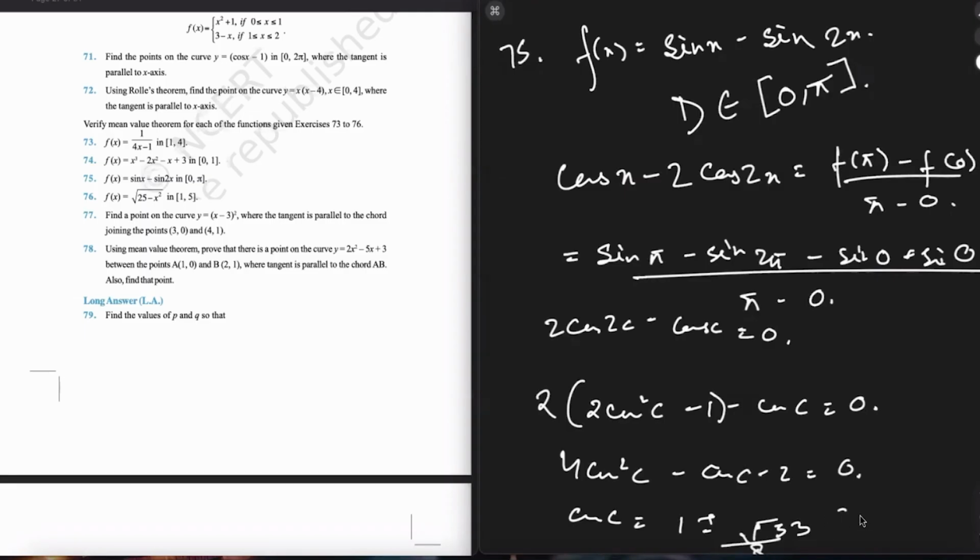So these are the values which lie in 0 से pi, and these will be the answer.